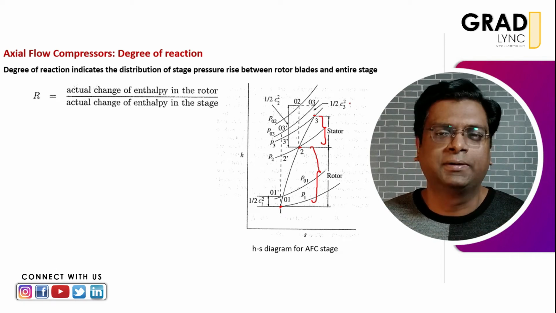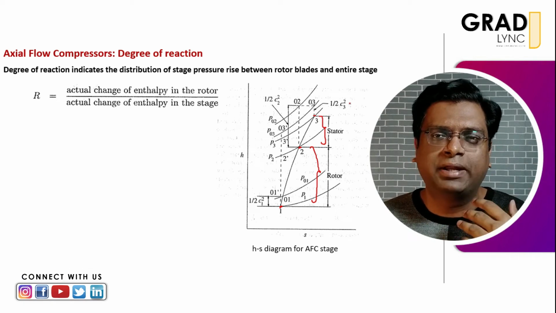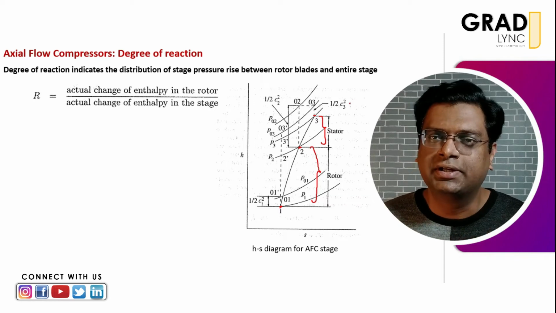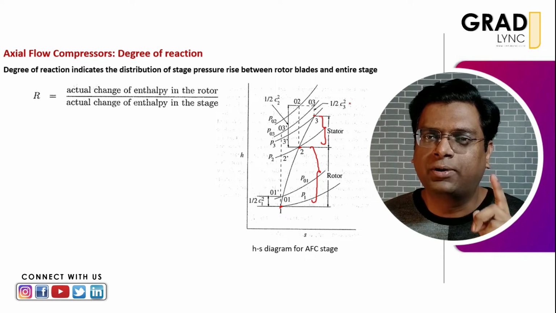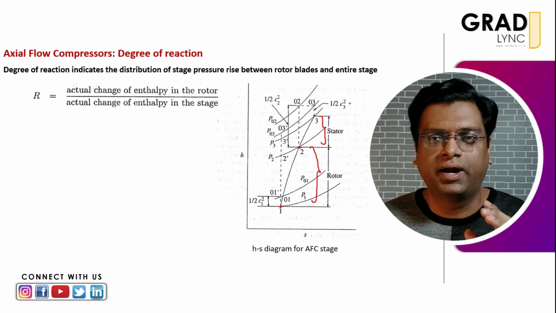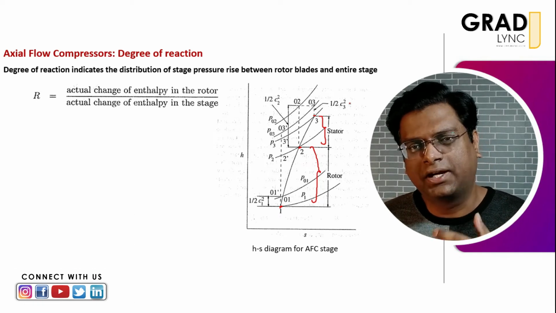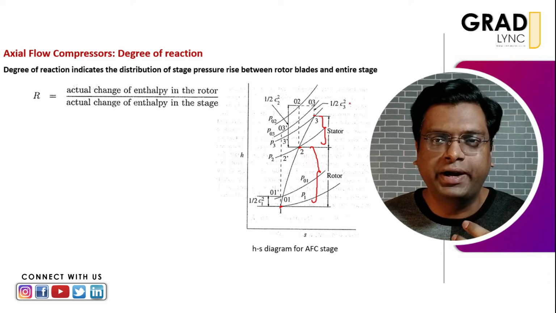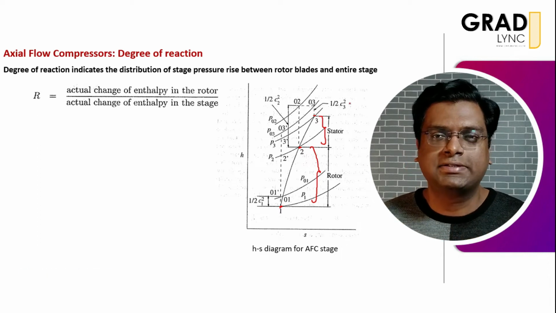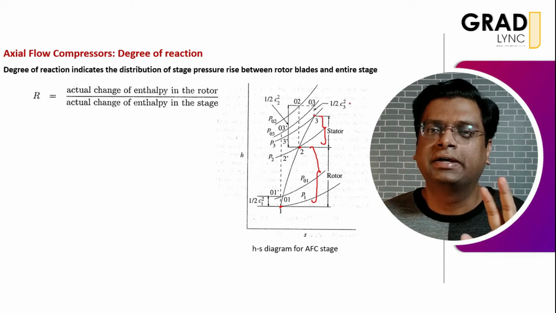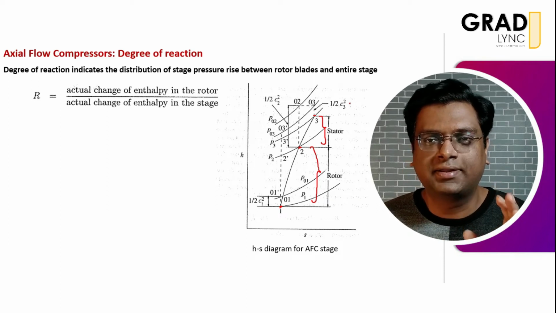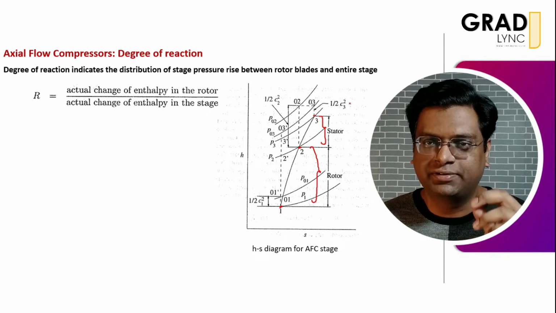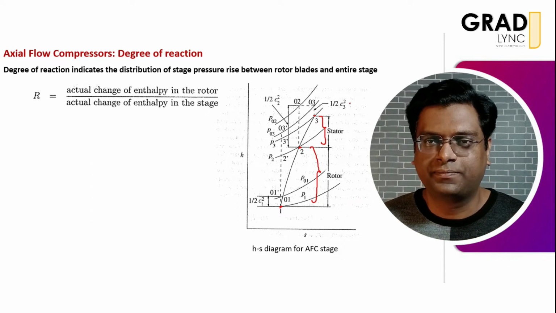So remember one thing. Whenever we supply work to the compressor, we are actually supplying the work to the rotor blades. Only rotor blades are consuming the work and not the stator blades. Stator blades are stationary, they don't need any work input. Whereas to compress the air, it needs to be accelerated, and that part is done by the rotor blades, and to do that we need to supply the work, right?